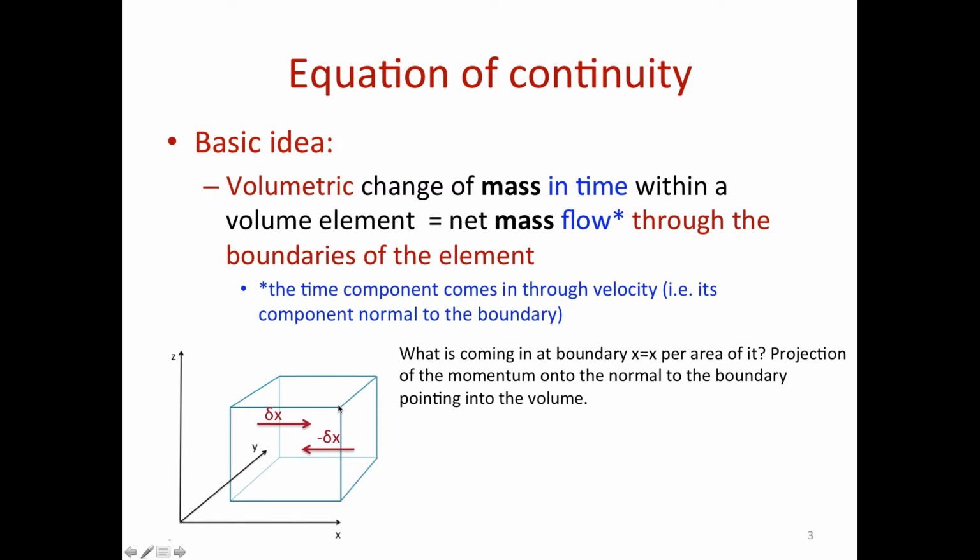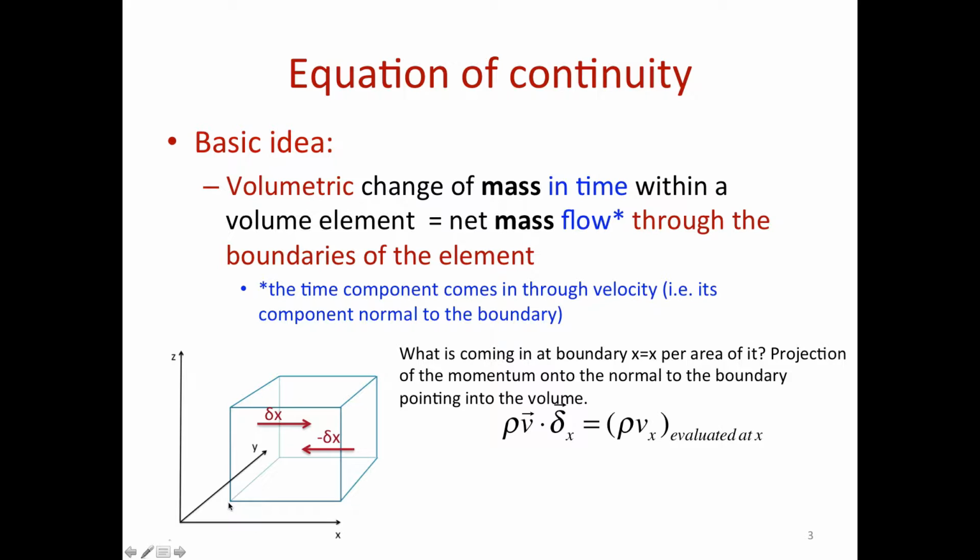Okay, so basically what's coming into the boundary, if I focus on one of these boundaries, is essentially the projection onto the inward normal, right? So when I look at this lower x side, this projection is rho v dot delta x, and that's essentially rho vx evaluated at what I'm calling x, and this upper boundary is x plus delta x, right?